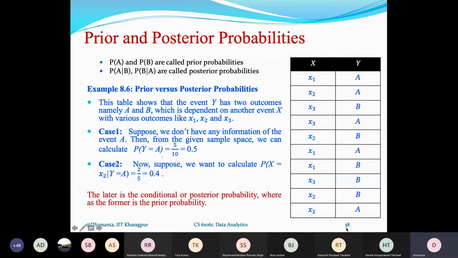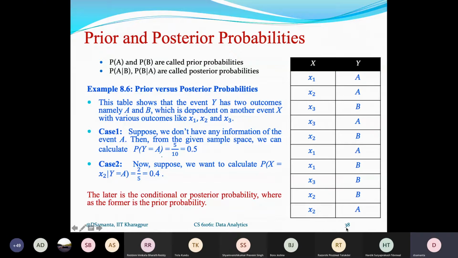I have already told you, one attribute corresponds to the different attribute values, and the last attribute should be the class label. As we see in this table, there are two class labels, A and B. Attribute X can have a range of values; here in this example, the values are x1, x2, and x3.